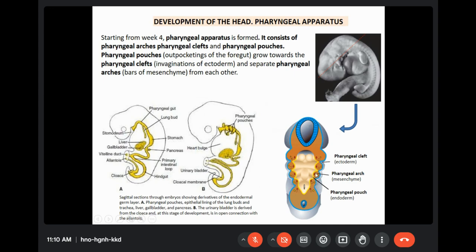So here is the pharyngeal arch. It consists of the mesenchyme, inside which we will find the blood vessels, nerves, and this mesenchyme contains both the migrating cells of the somites, the dermatome and myotome, and also the mesenchyme of the neural crest.